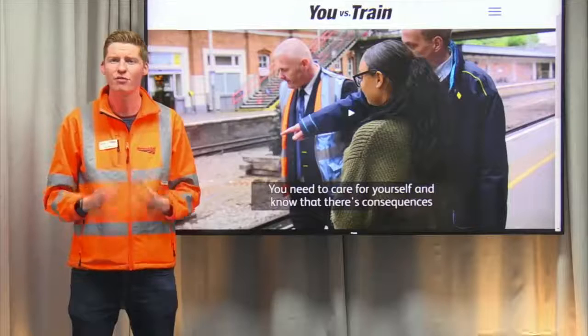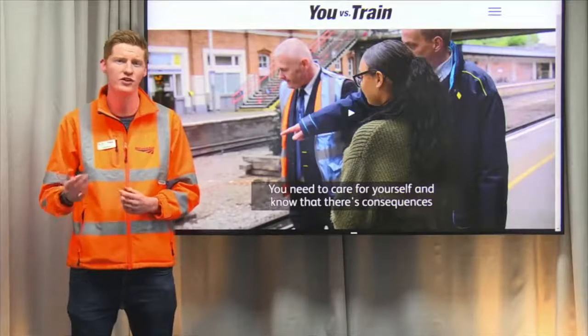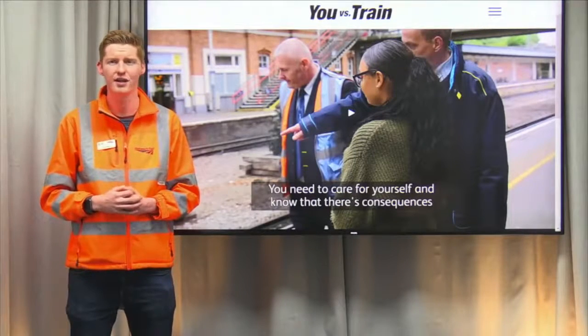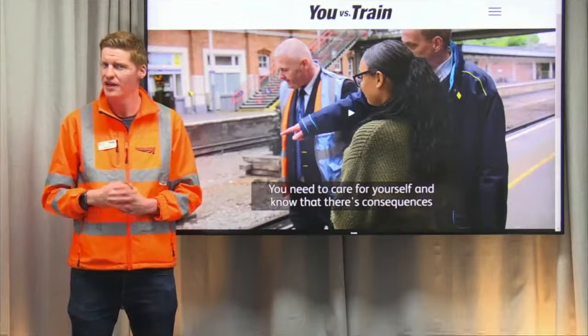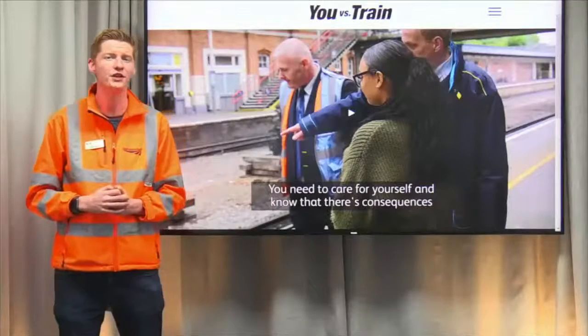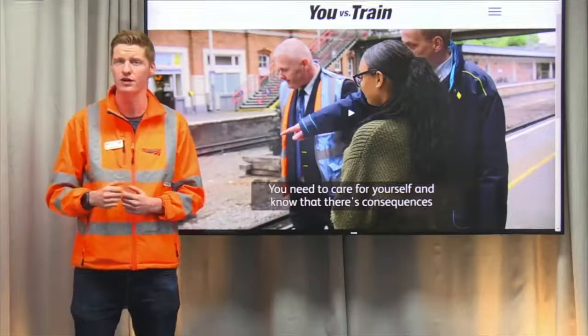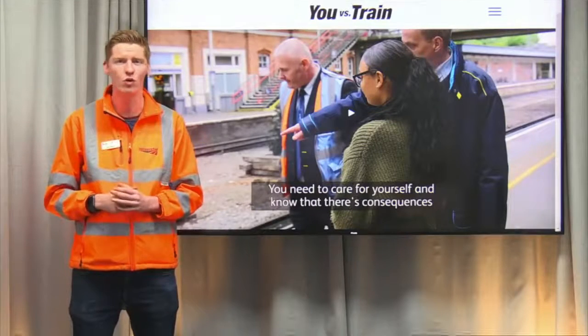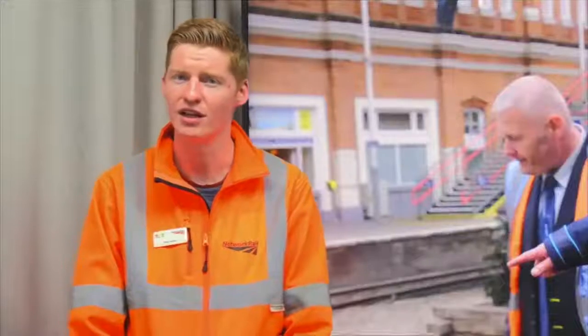The power ran through her body, straight across her heart, and she went into cardiac arrest. Tegan's heart stopped for 7 minutes. She was left with third-degree burns over 10% of her body. She had to undergo a massive amount of surgery and therapy, which included having to relearn how to talk, eat, and walk again. And she still has many more operations to go. Here is her story.